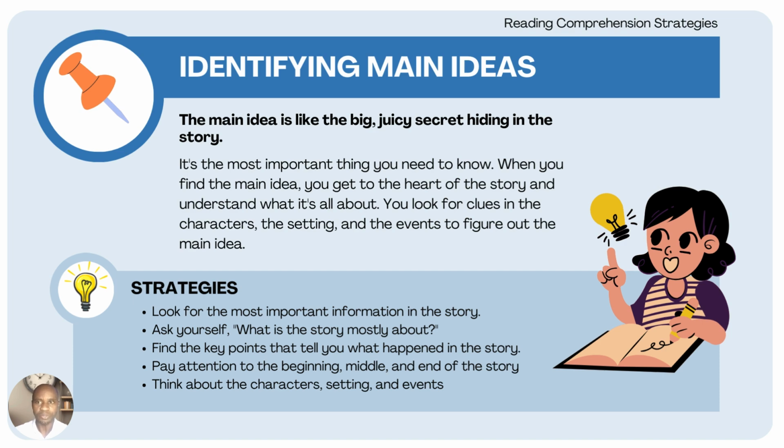Finding the main idea is like finding the core message in the story. Think about what the story is mostly about and what the key points are. This helps you understand what the story is really talking about.